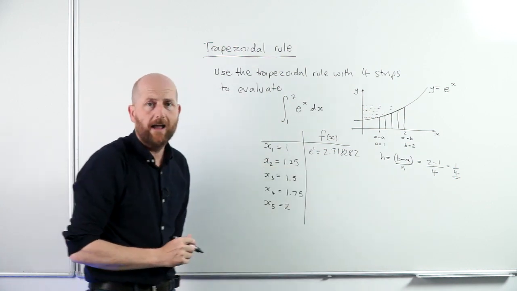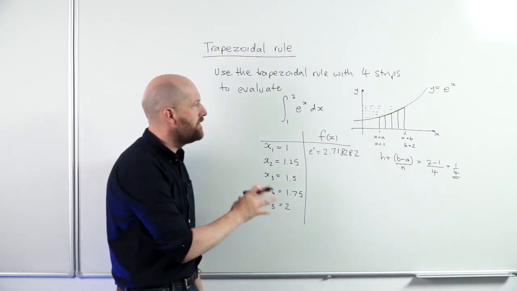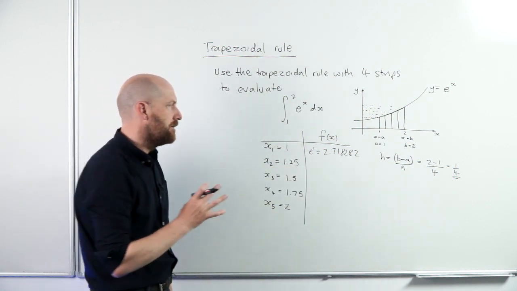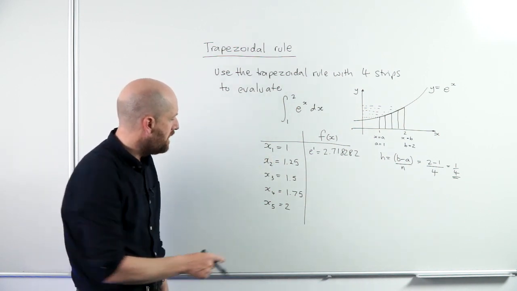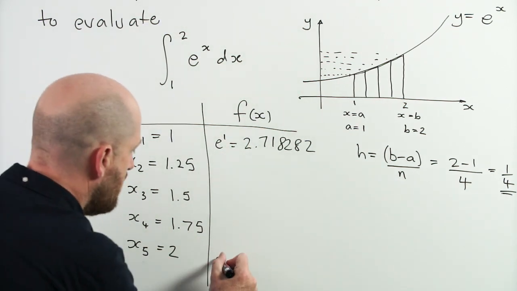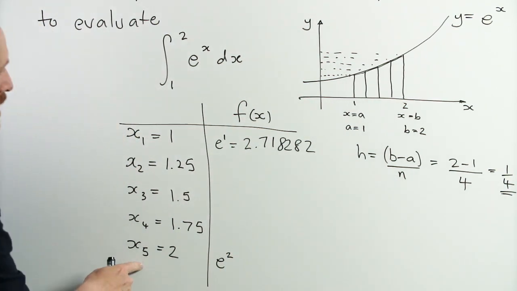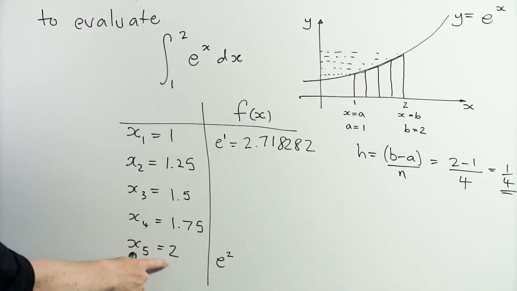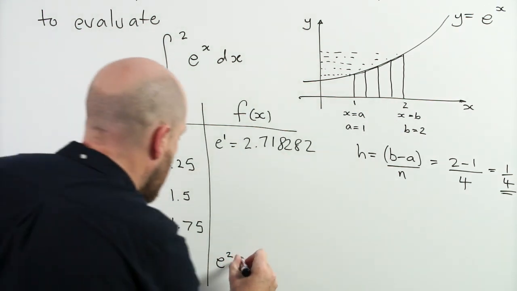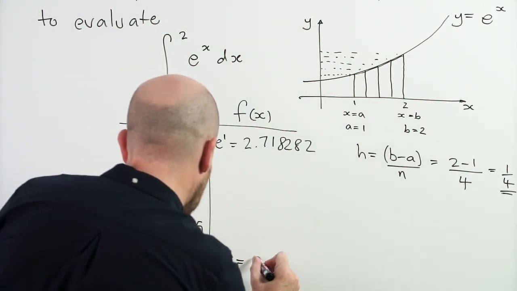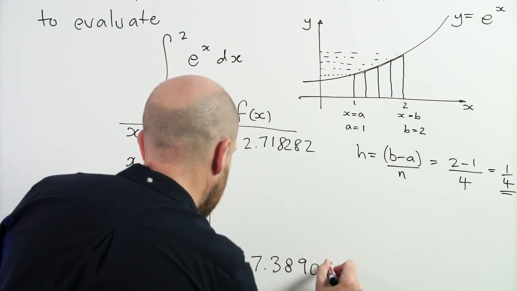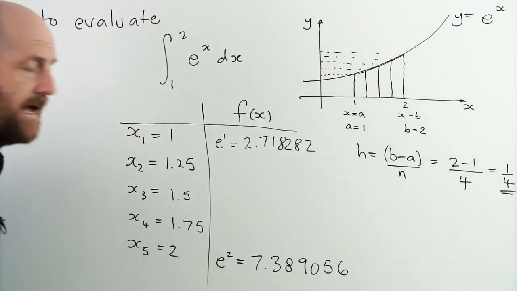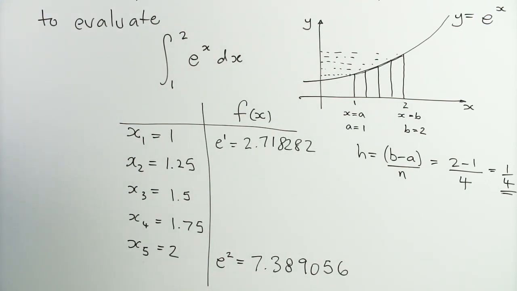I've used quite high accuracy here because when we're doing this kind of approximate integral, retain as much accuracy in terms of the decimals as you can. The very final one here is e to the 2, which is e to the x at x equals 2. Writing down the decimal form of that, 7.389056.